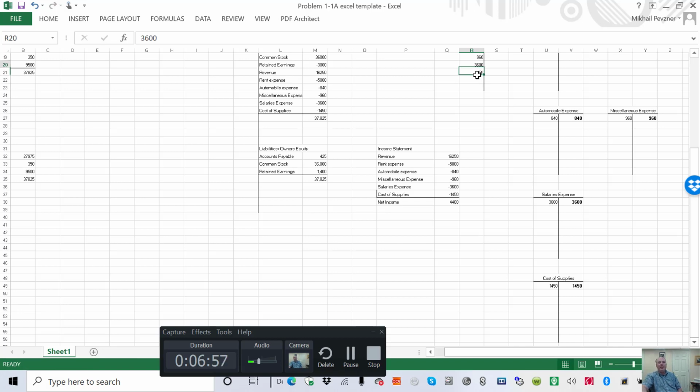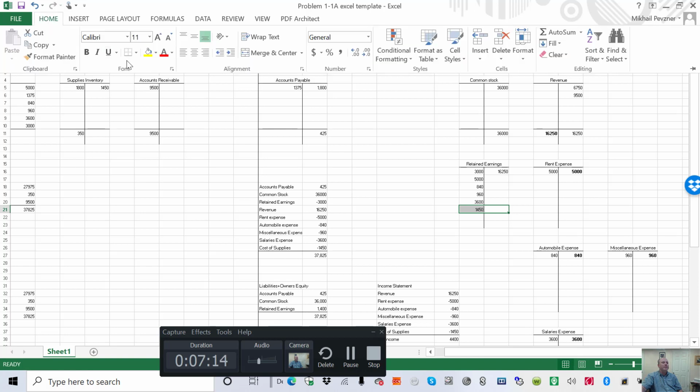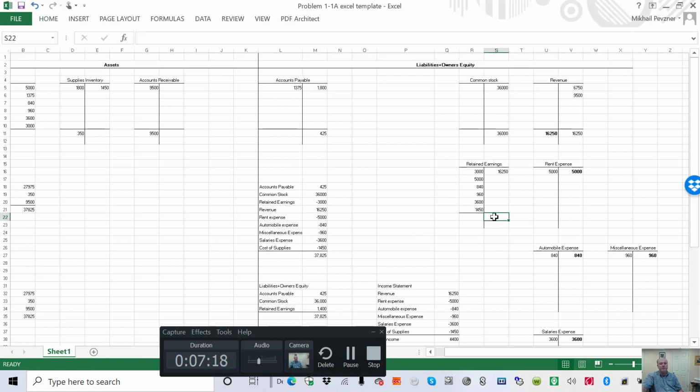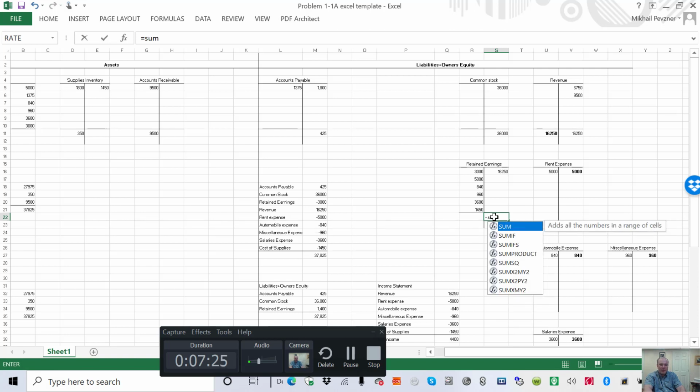Now, after all of that, you can see that all of my revenue and expense accounts are zero. They're temporary, so they're closed. And my final retained earnings balance should be all credits minus all debits, right?